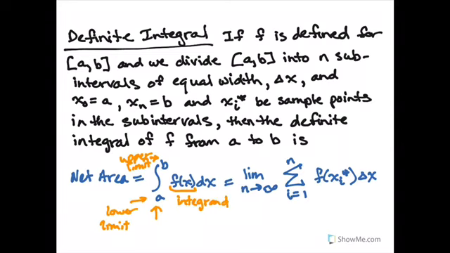And then we know the dx is just telling us with respect to what variable, but it's kind of the same thing as my delta x over here. And so what happens when we take the limit as n goes to infinity of the Riemann sum, we get a definite integral. And it gives us the exact net area.